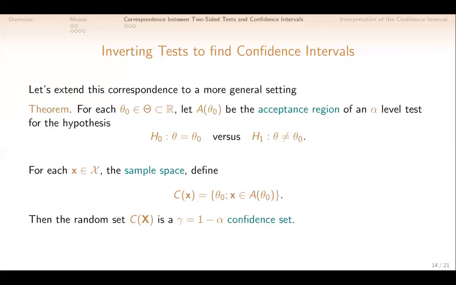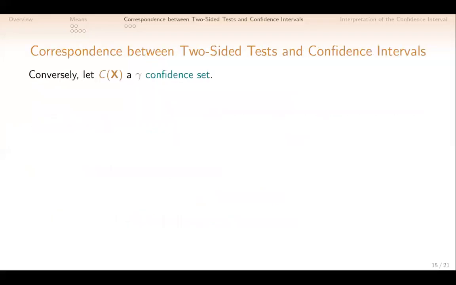And so the probability you're in there is gamma equals 1 minus alpha. Okay. Conversely, if C of X is a gamma confidence set, then for any theta in the parameter space, I can define A of theta naught to be the data which have theta naught in that possible confidence set.